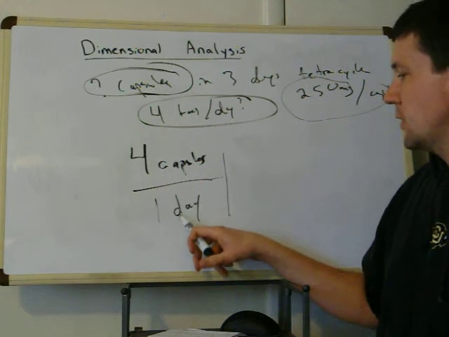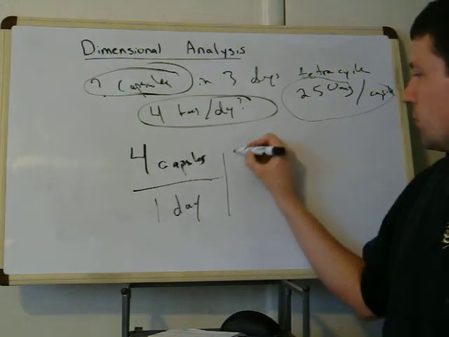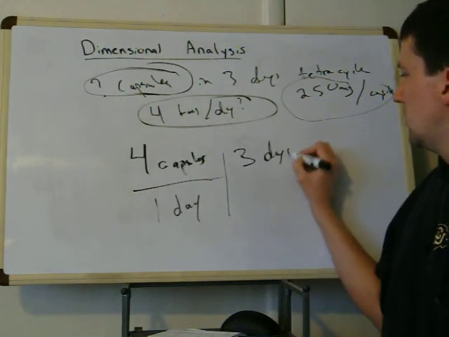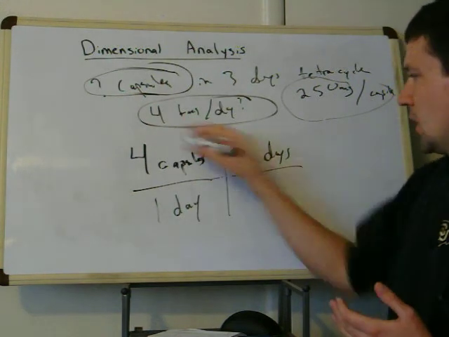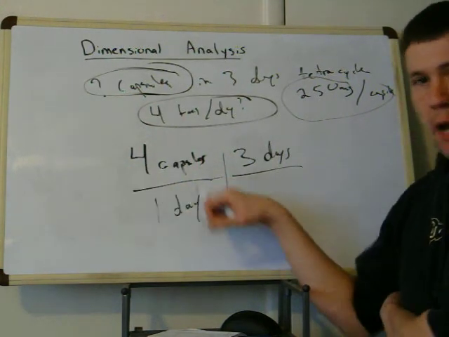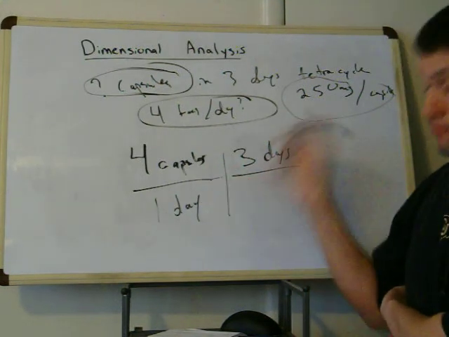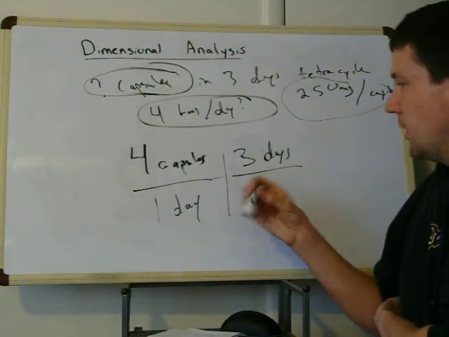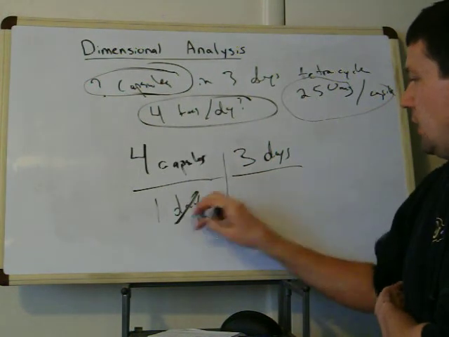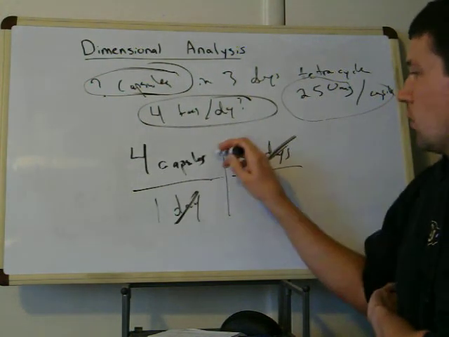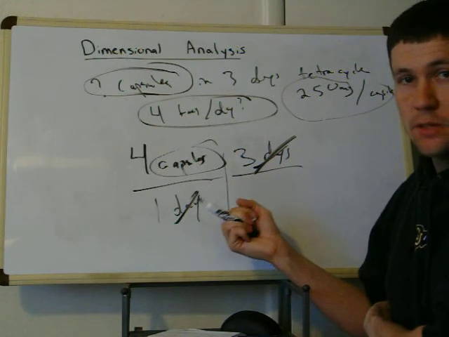Alright, so 4 capsules in 1 day, and we're doing it for 3 days. Okay? So again, this 4 capsules per day, that's just like multiplying by 1. So this 1 times 3 is what we're going to end up doing. Alright, so our day units cancel out, and we're left with capsules as our units.